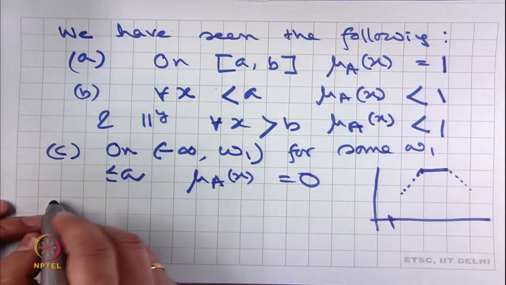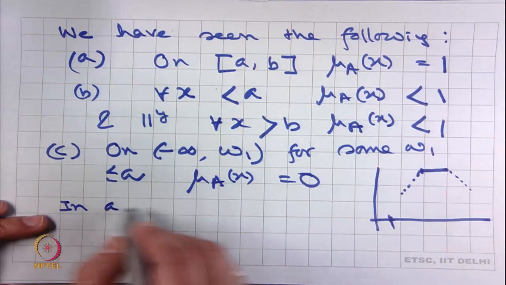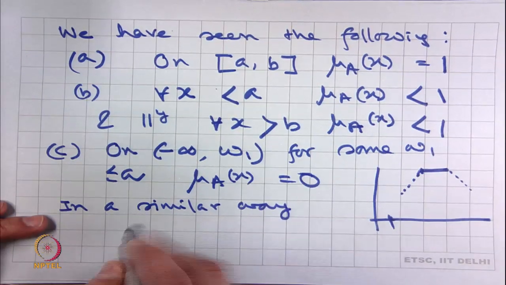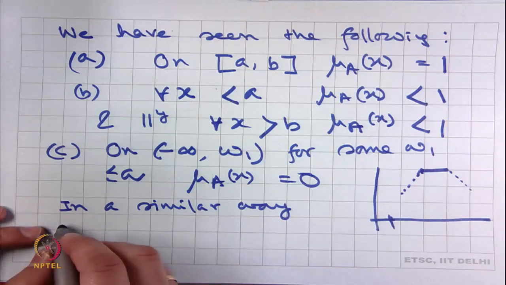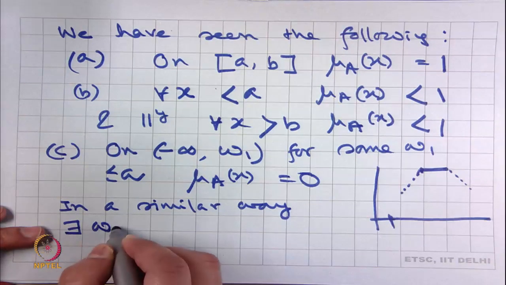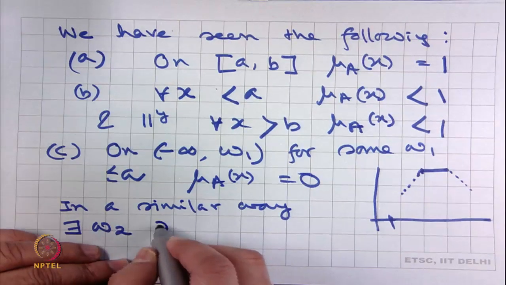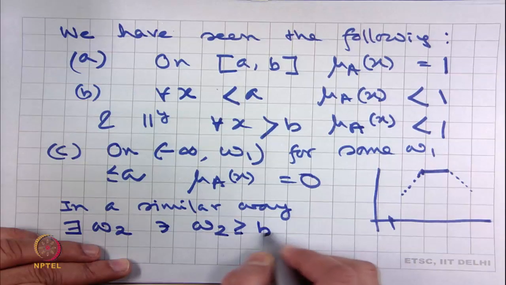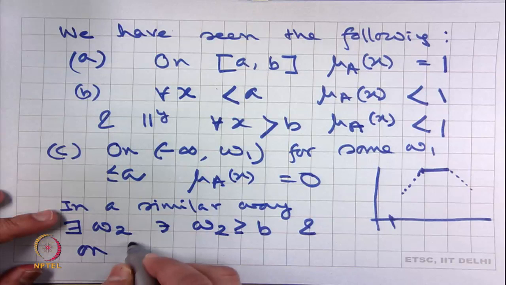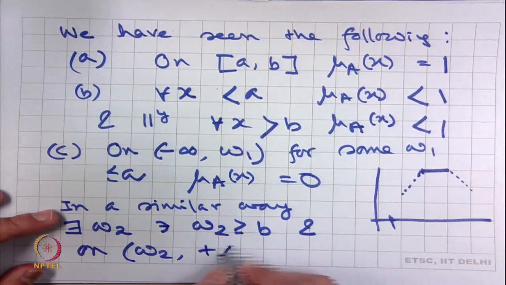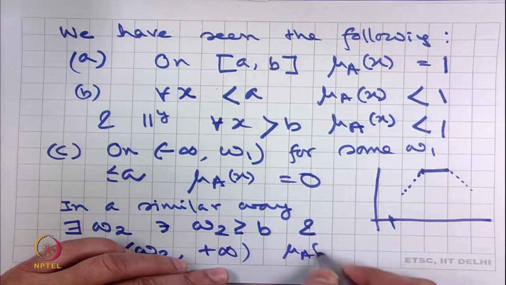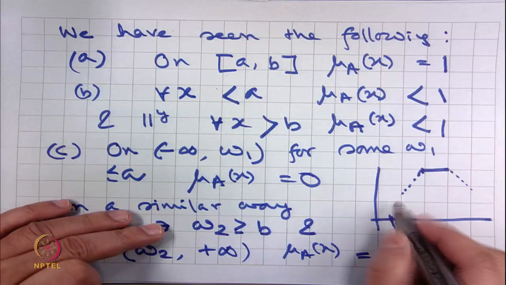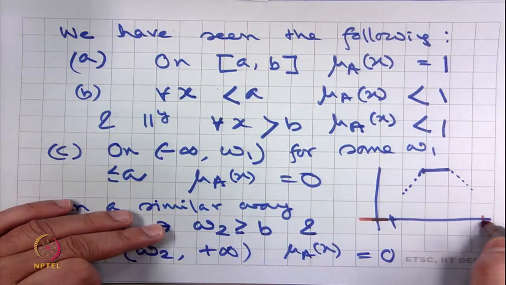In a similar way, there exists w 2 such that w 2 is greater than or equal to B, and on w 2 to plus infinity mu A x is equal to 0. That is, after some point it is 0, and from here it is 0.